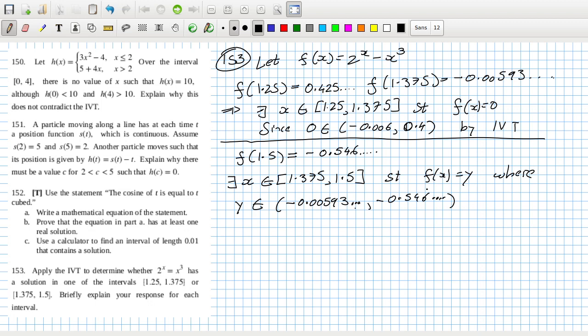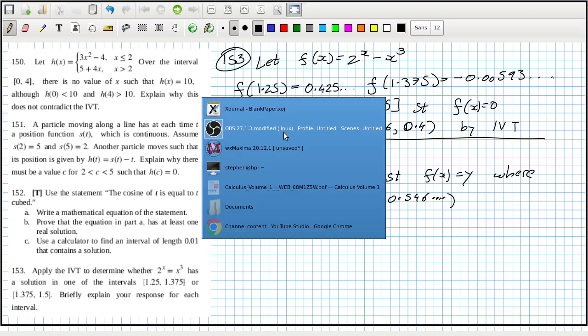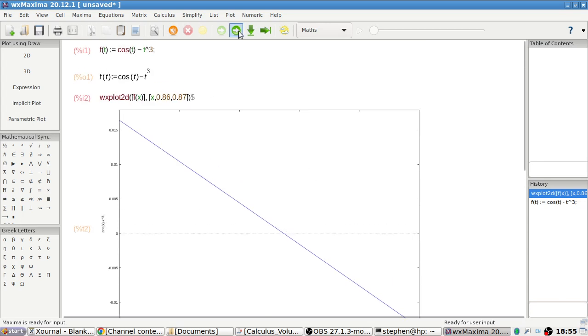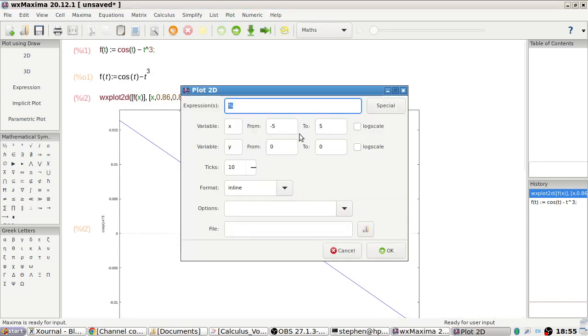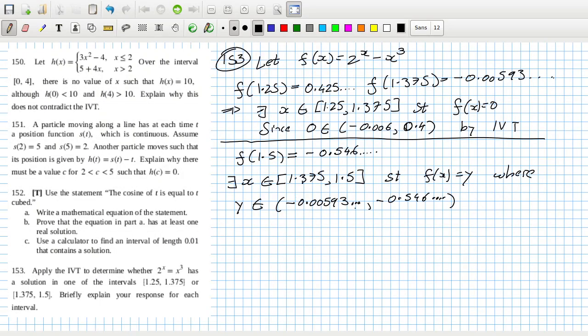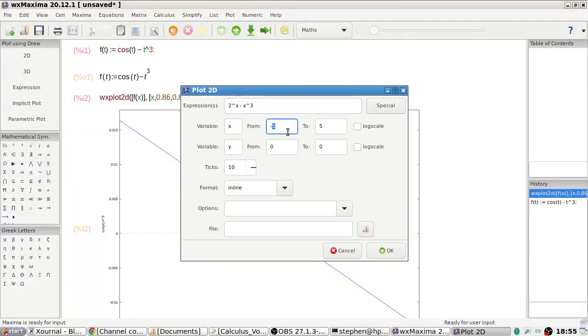Doesn't mean that it doesn't have a root, because I could graph it. Let's see what's happening. 2^x minus x cubed. Plot 2^x minus x cubed from 1.375 to 5.